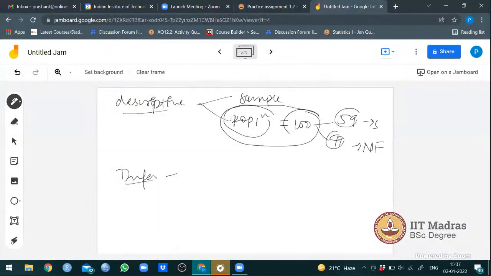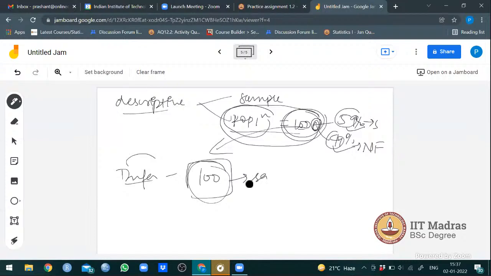By mistake I took it as 100. Suppose this is 1000. Okay, 1000 is your population, and out of these 1000, 100 were selected randomly. So it's sample data, and you are making a prediction on behalf of the sample data for the population.